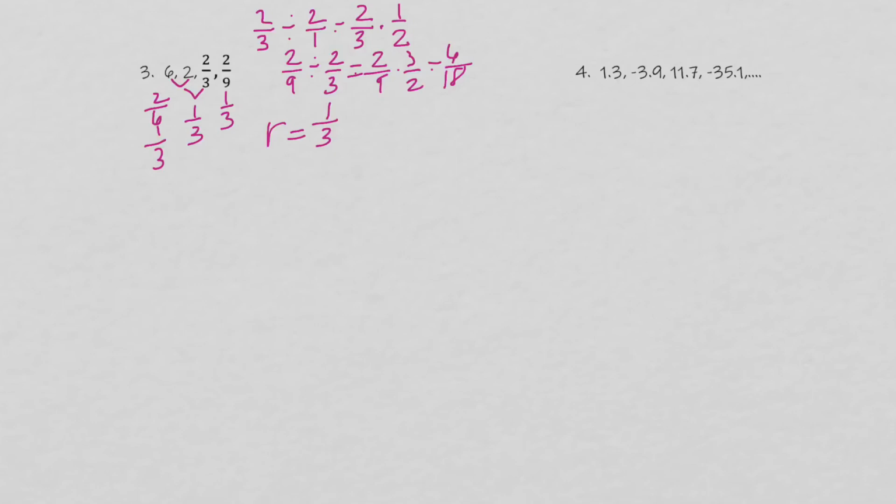And my a sub 1, my first term, is 6. It's in the first position. So let's rewrite our formula. Geometric is the first term times the ratio to the n minus 1 term. We're just going to plug in our information. So a sub n would equal 6, and I'm writing my general term of r to the, whoops, I forgot to put my r in.